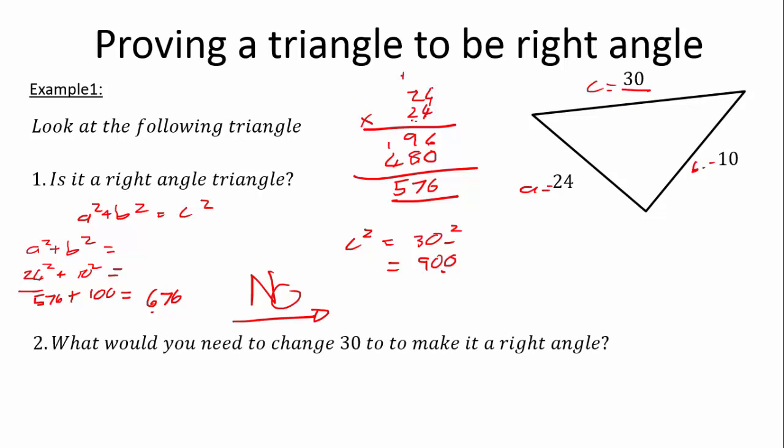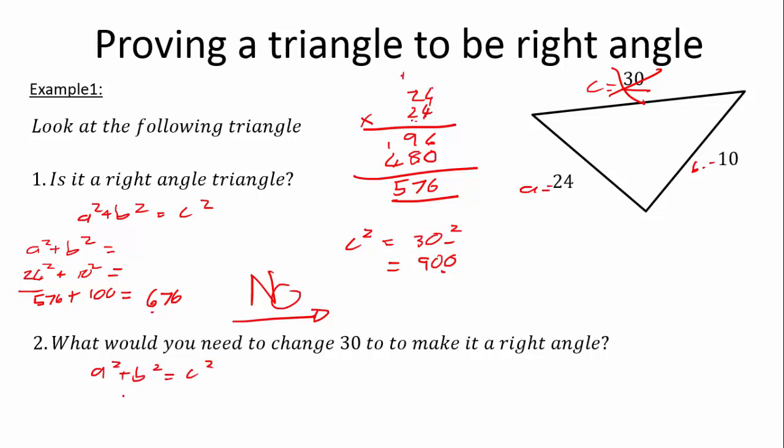What would we need to change 30 to make it a right-angled triangle? So what would C need to be for this to be a right-angled triangle? So let's cross 30 out. Right, so now we want a squared plus b squared to equal c squared. So we're going to go a squared plus b squared equals c squared.